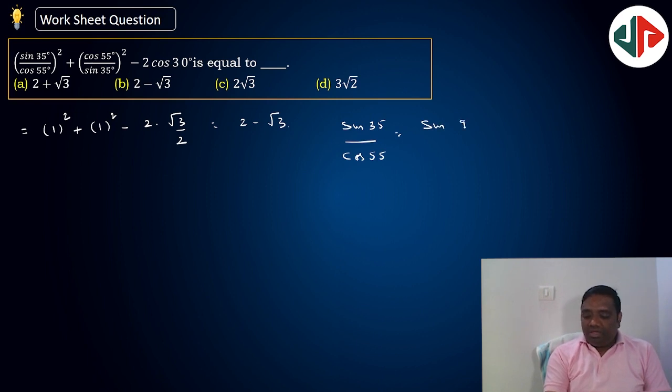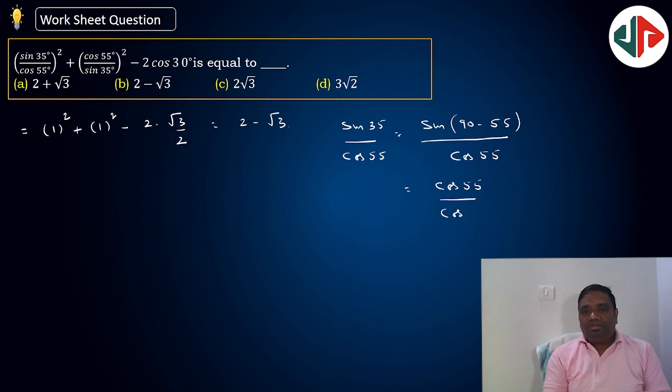Sine of 90 minus 55. So the 35 value we can read as 90 minus 35. The denominator is the same, so this value is nothing but cos 55 degrees by cos 55 degrees. So this value is always equal to 1. In the same manner, cos 55 by sin 35, everything is the same.